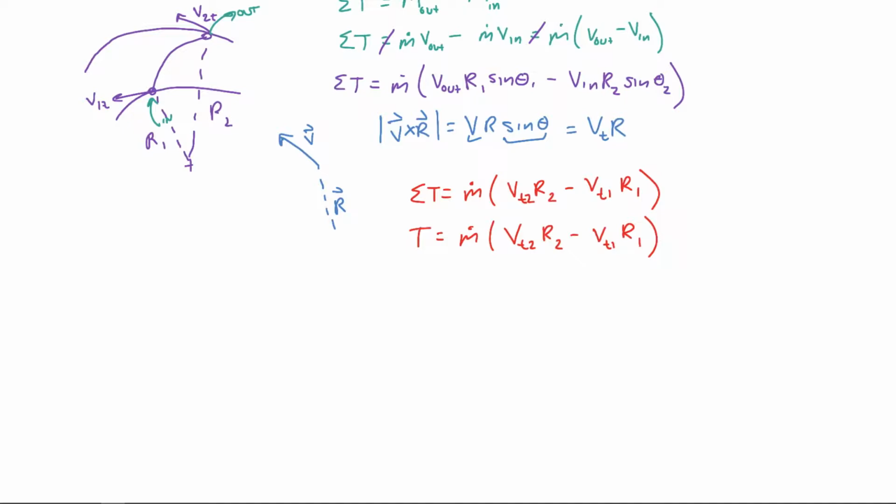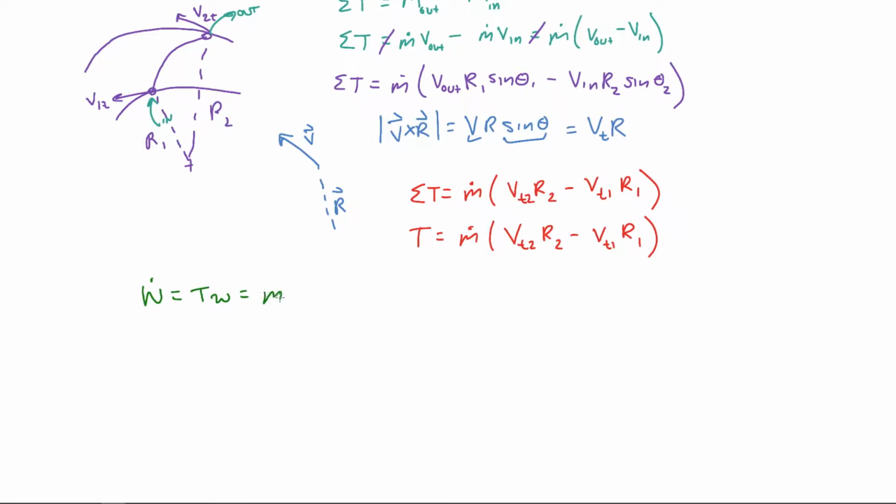Now another thing is that we have to define this in terms of power. So I should probably write this in W dot. The power is equal to the torque times the angular velocity of the pump. So we simply multiply this whole thing by the angular velocity.